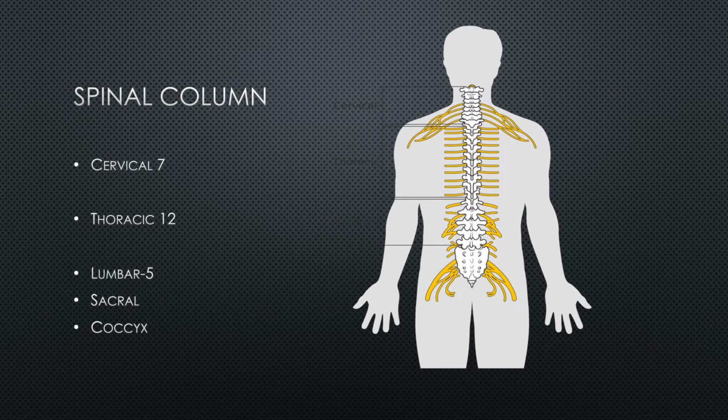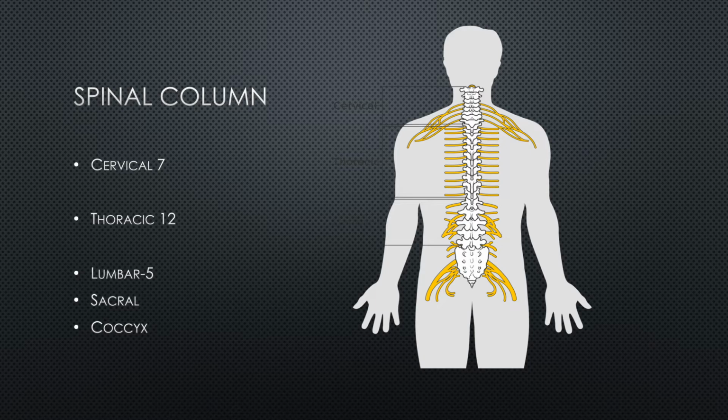Our spinal column is made up of 33 vertebrae. In between each vertebrae is a spongy disc. That disc is there to protect the vertebrae from rubbing or bumping into each other. It also cushions the spine during our movement.